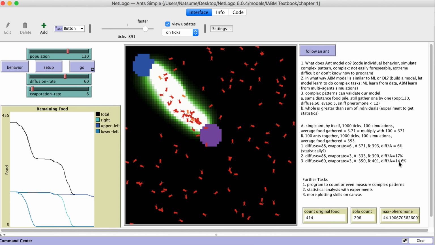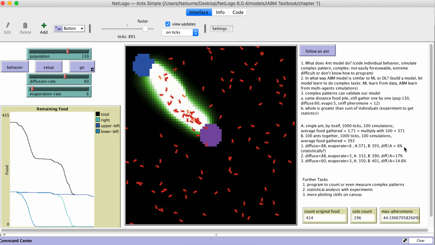So it suggests that if we set the parameters right, our model may be able to create an ant colony that as a whole can perform much more complex and efficient work. In this case, it gets the food more efficiently than one single ant multiplying itself 100 times.